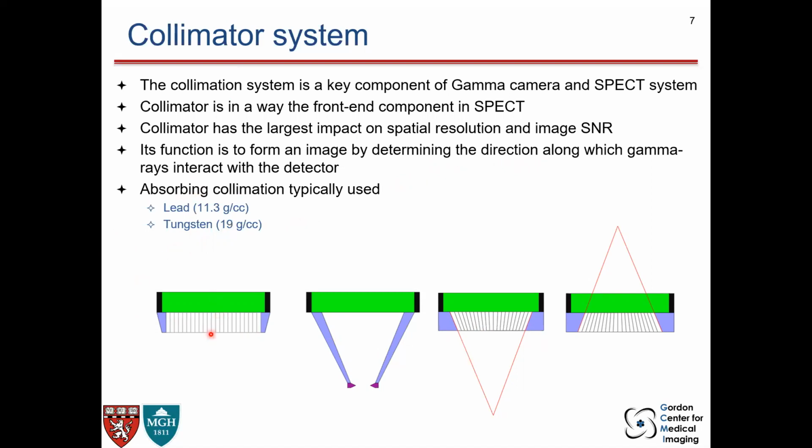And the conventional collimator systems that have been used are parallel hole and pinhole, and we have the converging collimators. These three have been used the most, and the first two are the most dominant in any system, SPECT system or gamma camera: parallel hole and pinhole.